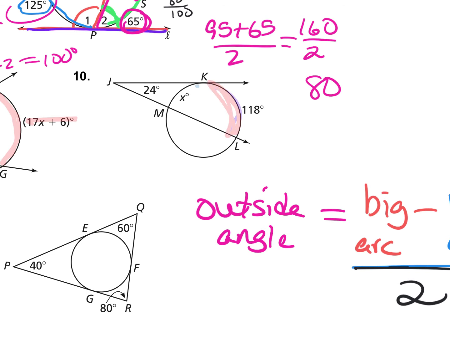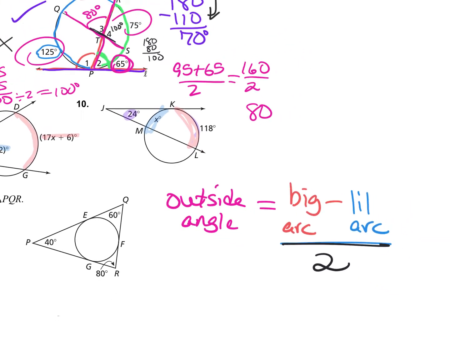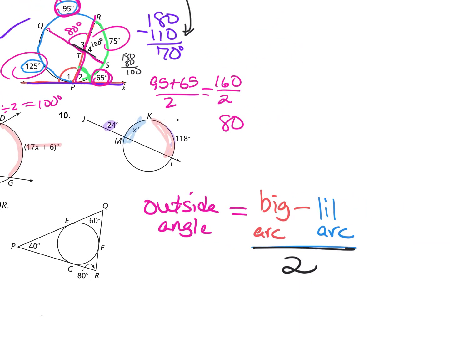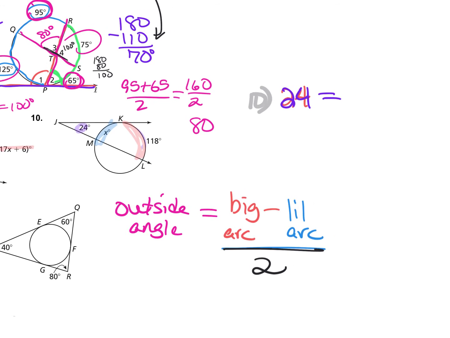Little arc is the x, and then the outside angle is the 24. So for number 10, what we're going to be doing here is 24 is equal to big arc, which is 118, minus little arc, which was x, and then divide by 2.